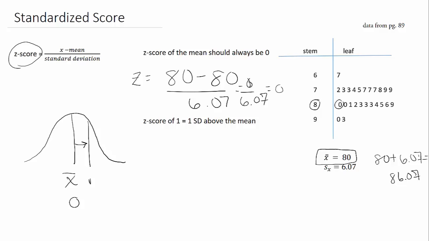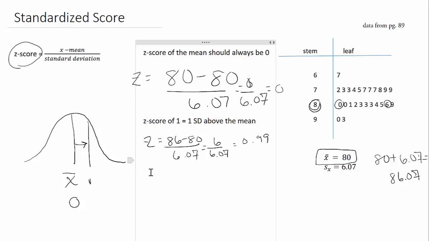So this observation, 86, should be 1 standard deviation above the mean. If I test it, the z-score of 86 with a mean of 80 is 6 over 6.07. I did this in advance, and it works out to 0.99, something like that, which is around 1 standard deviation away from the mean. It's a z-score of about 1.